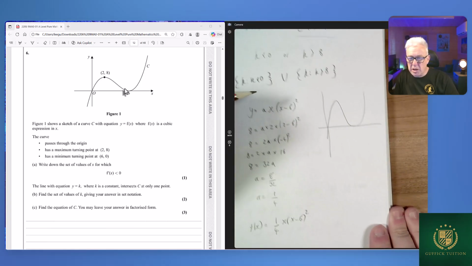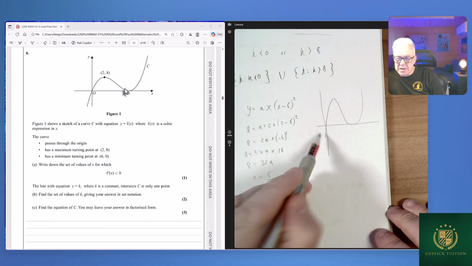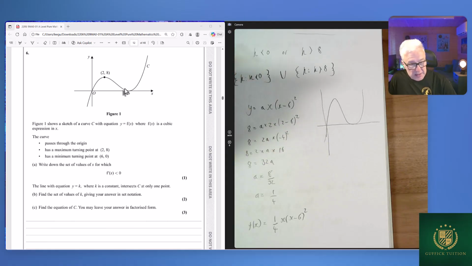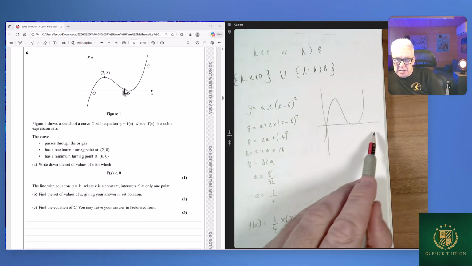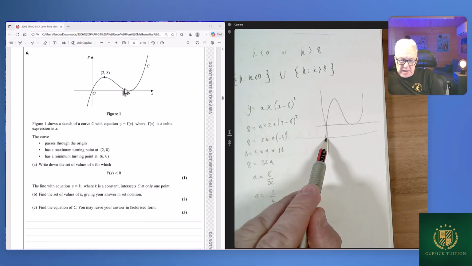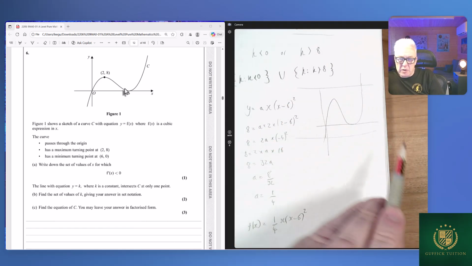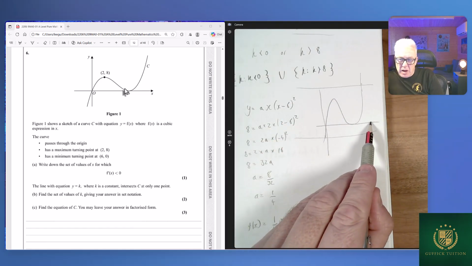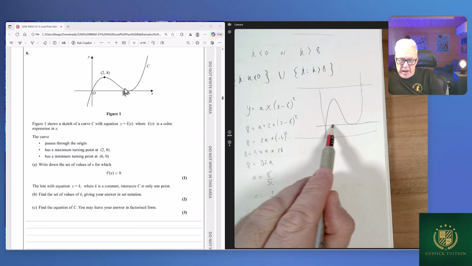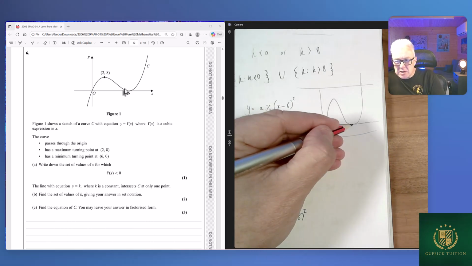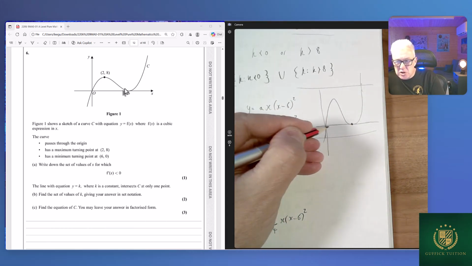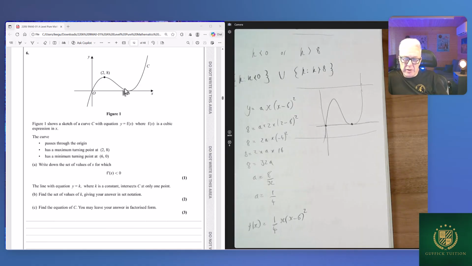The equation y equals k intersects it only once down here, and up here we're intersecting only once. However, at the actual x-axis, we're intersecting twice because we've got the tangent there and we've got that one there.